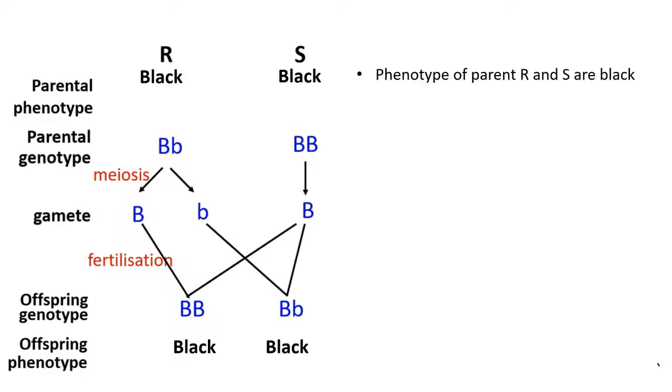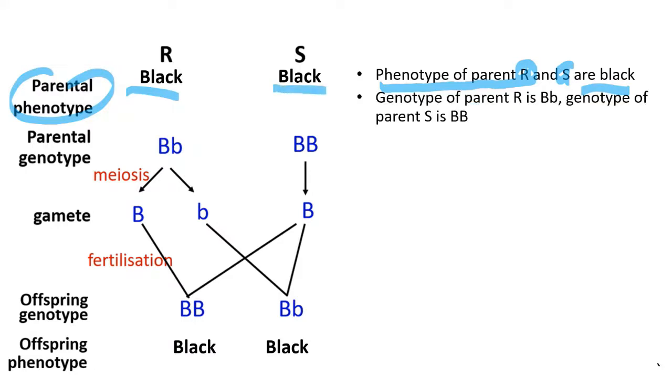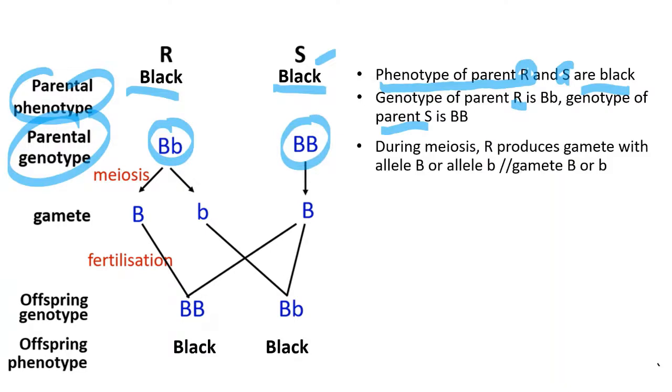First, we explain the parental phenotype. The phenotype of parents R and S is black. Then, the genotype of parent R is big B and small b. The genotype of parent S is big B and big B. Next, we explain the meiosis.